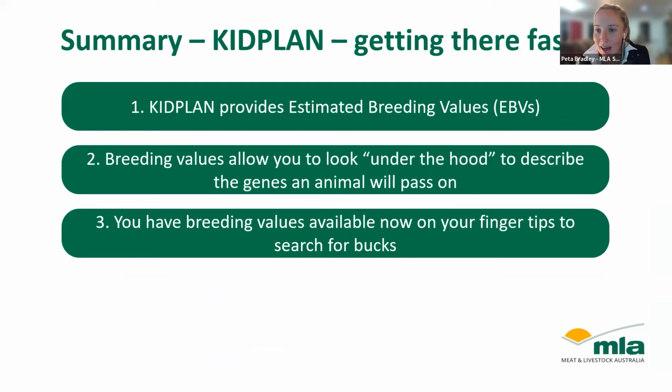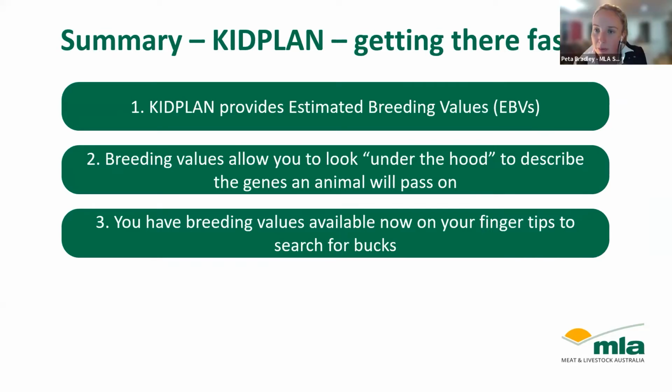I'll hand back to Mel now, but just before I do, thanks again for the opportunity. I thought I'd quickly summarise, from a KidPlan perspective, where I see the real value being. We provide estimated breeding values through KidPlan from people that submit data to Sheep Genetics.